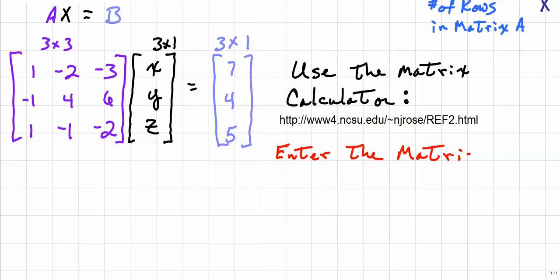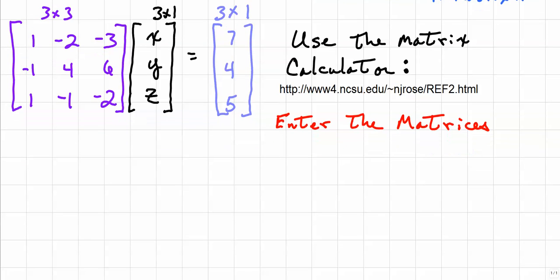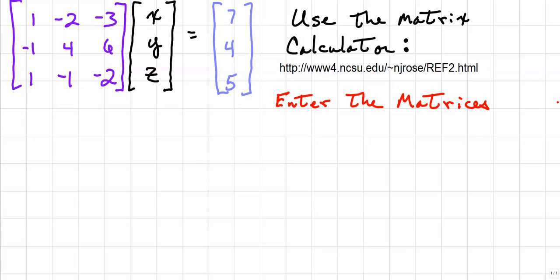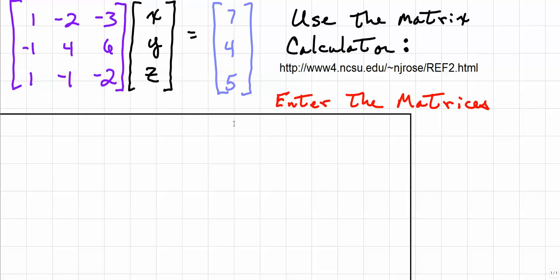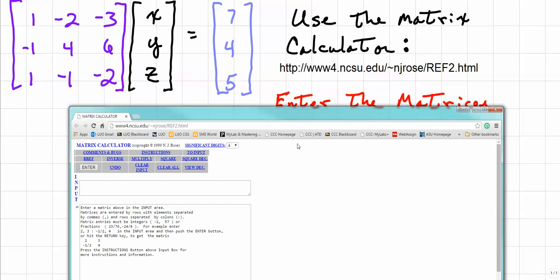So let's bring in the actual web page that contains the matrix calculator, and we will go ahead and input.